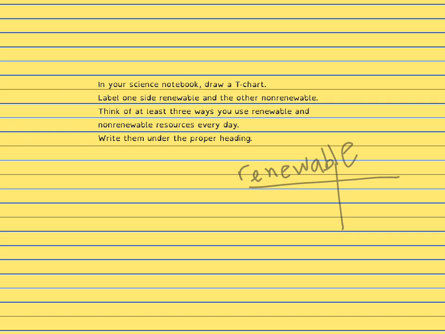And on the other side of the T-chart, non-renewable. Oops, I'm running out of space. Then, under the proper heading, write all the ways that you use renewable energy in your day, and then on this side, all the ways you use non-renewable energy. Have fun!